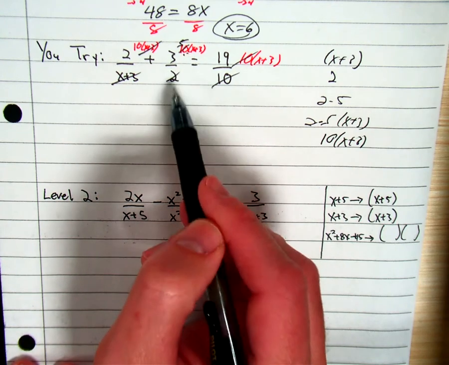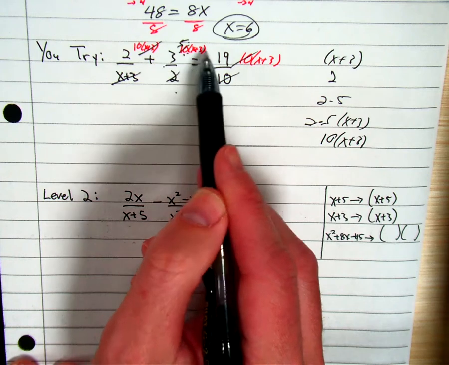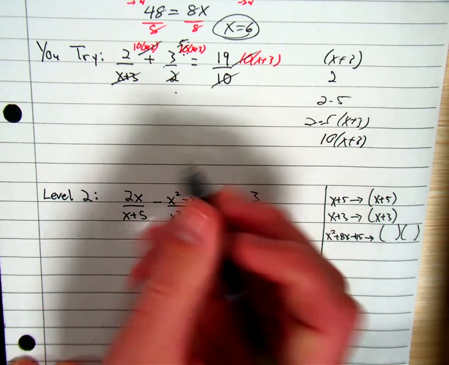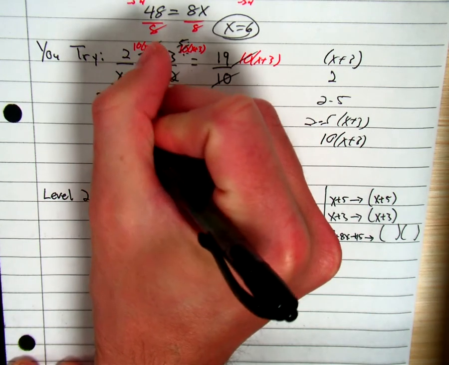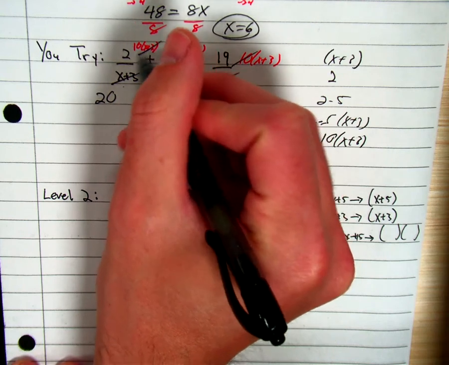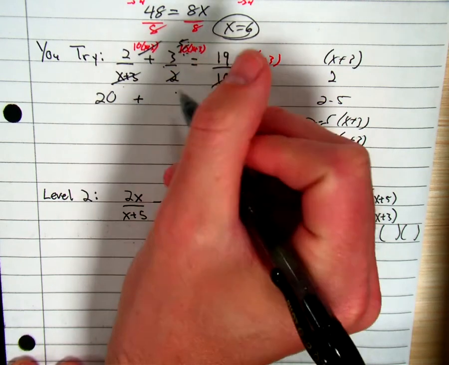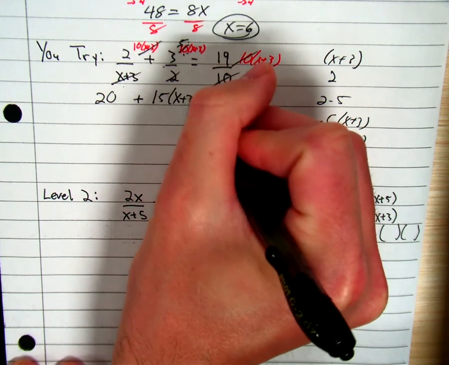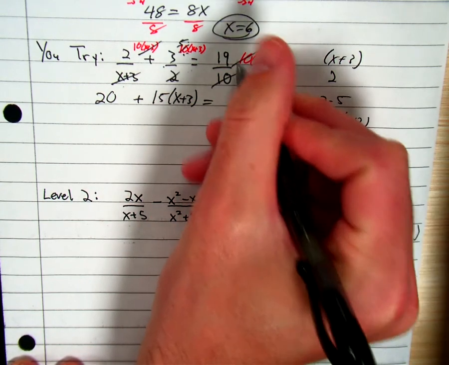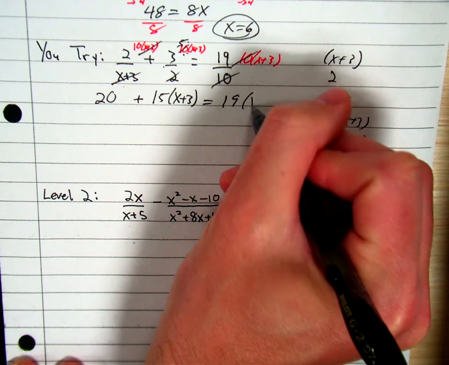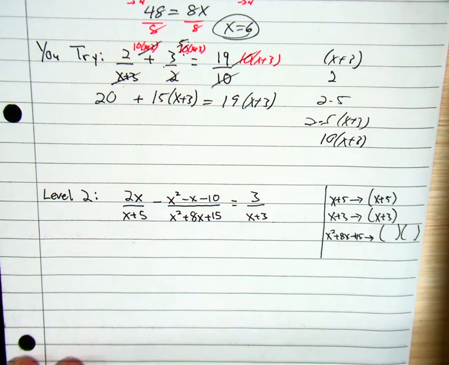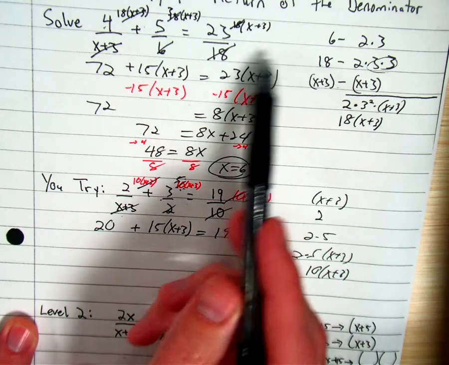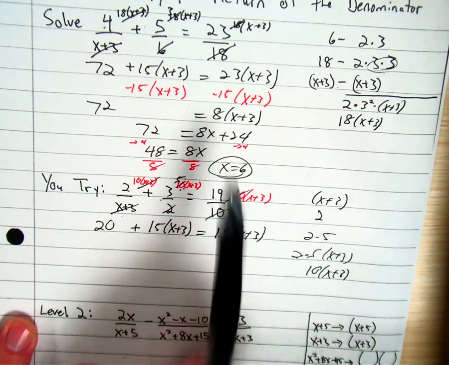Otherwise, if you did 10 divided by 2, that's 5. 5 times 3 is going to give me 15 as well. So here we just have 2 times 10 for 20. Here we're going to have 3 times 5, we'll have 15 times x plus 3, and 19 times x plus 3.